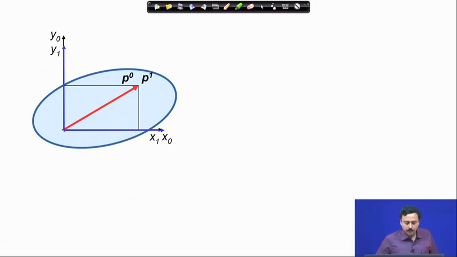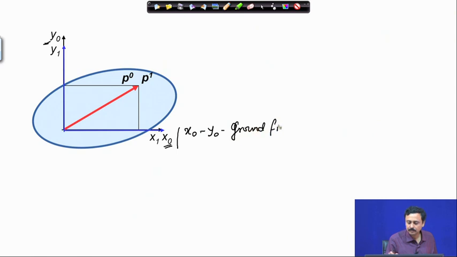Here I have shown you the situation once again right from the beginning. I have a frame x 0 y 0 which is ground fixed, and x 1 y 1 is body fixed.